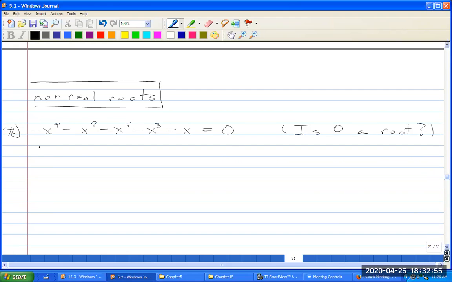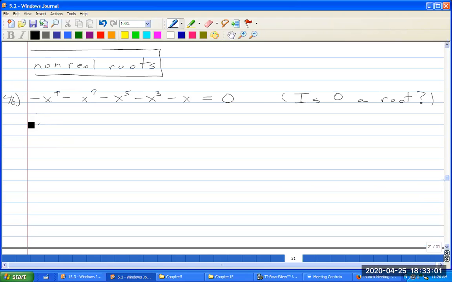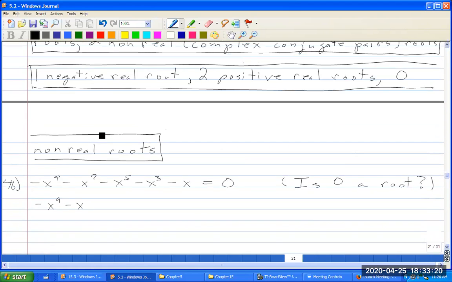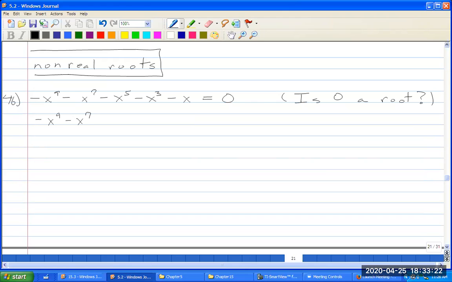First, let's look at negative x to the 9, negative x to the 7, x to the 5, 3, 1.